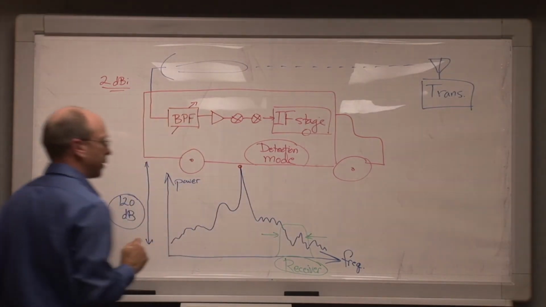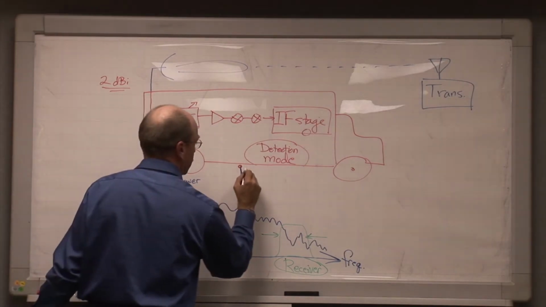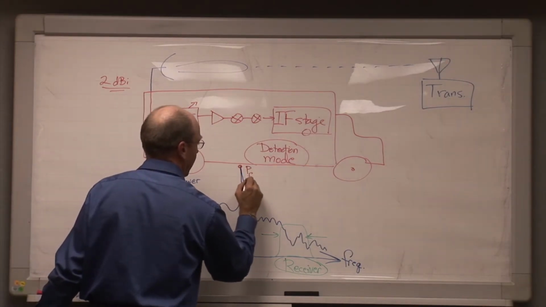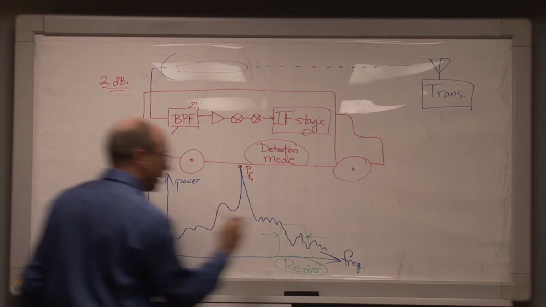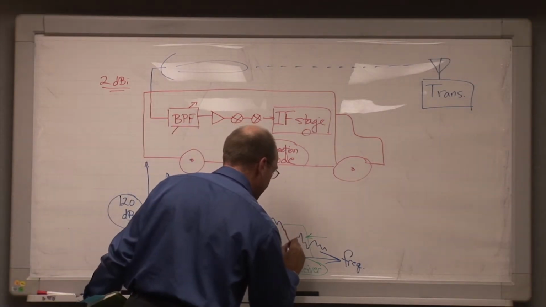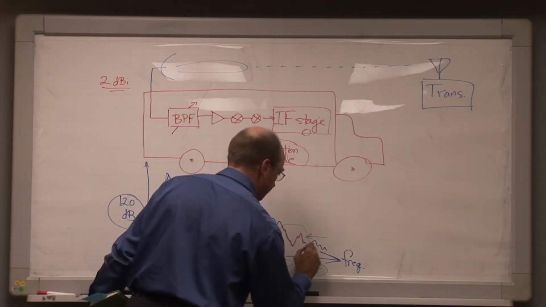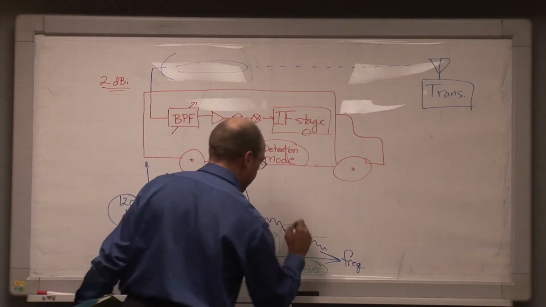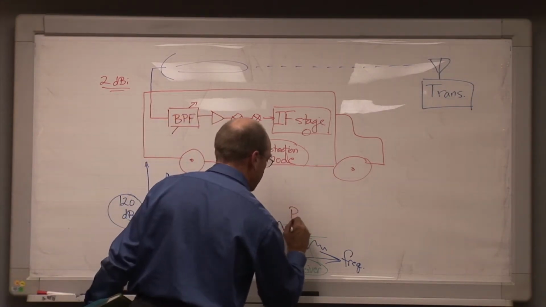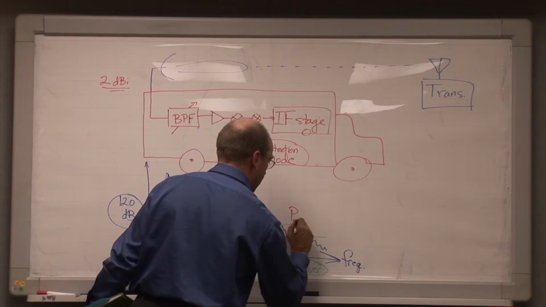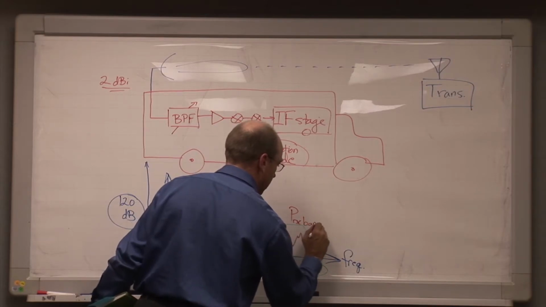The next thing that we do is to measure or note from our data that we've recorded what this power level is. Here's the power at F0, and we measure the power across this frequency range, which may vary or may not vary across that frequency range, but I'm going to write this as power in the receiver band.